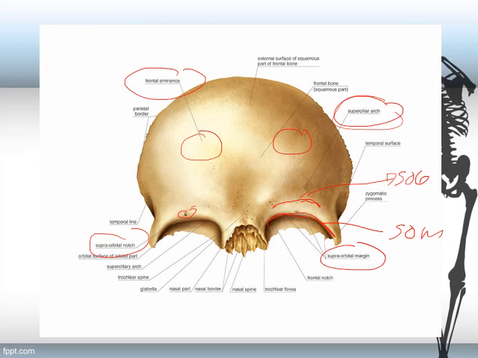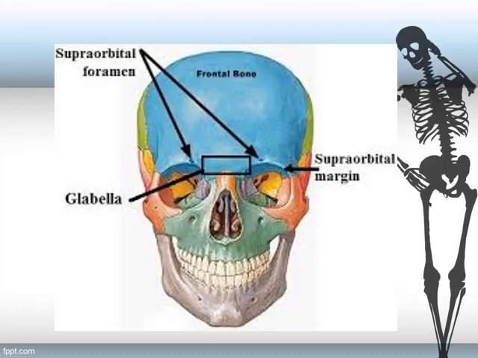Then we have here the frontal prominence or frontal tuberosity. So, we have here again the foramen or the notch. Then, between the eyebrows, we have the glabellar portion. Then, yung margin dito is the SOM.